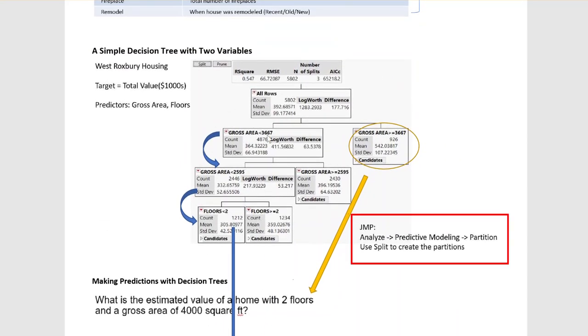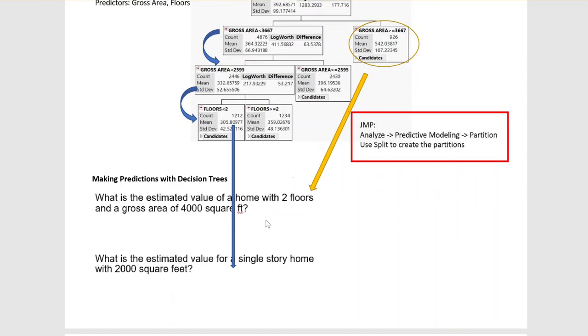It means it first divides the whole group by the gross area. That means the gross area is more significant than the floor.